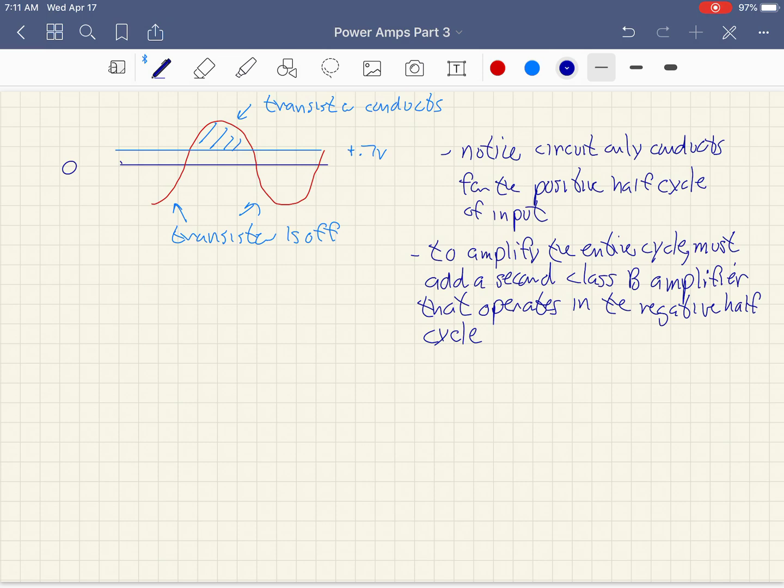So basically you're combining two Class B amplifiers.